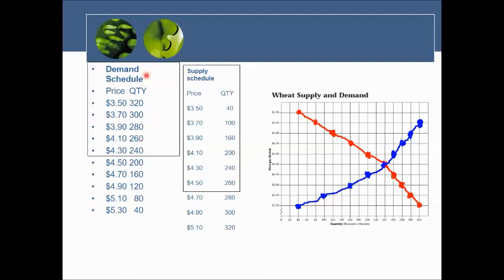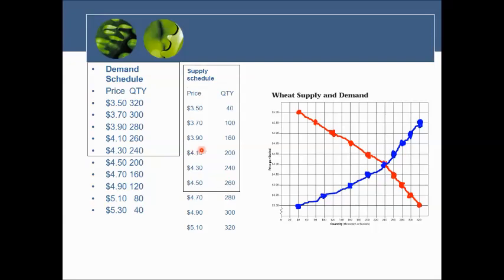So you have a link or hint based on the demand schedule and the supply schedule. There is an opposite impact on the quantity in terms of prices between the demand schedule and the supply schedule. Again, observe the demand schedule. As the price increases from 350 to 530, the quantity demanded decreases from 320 until it became 40 at the price of 530.